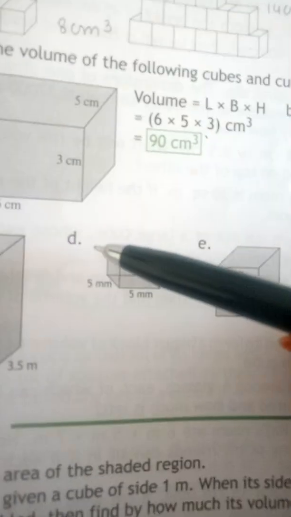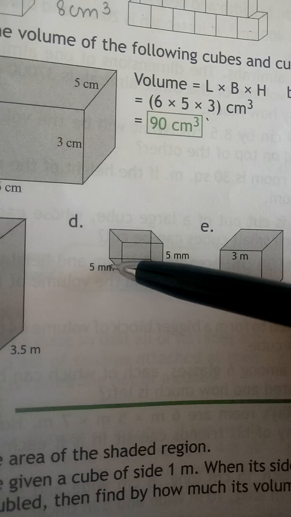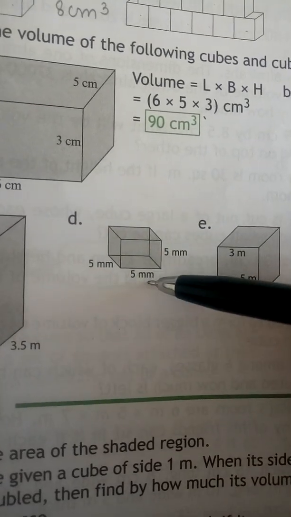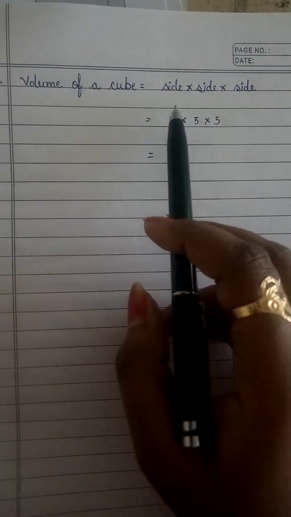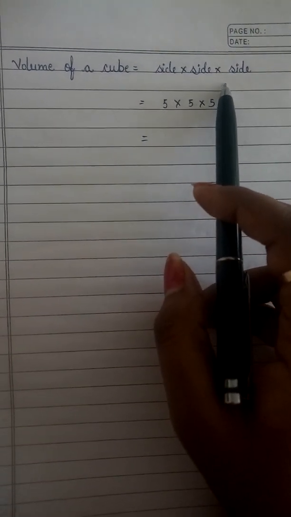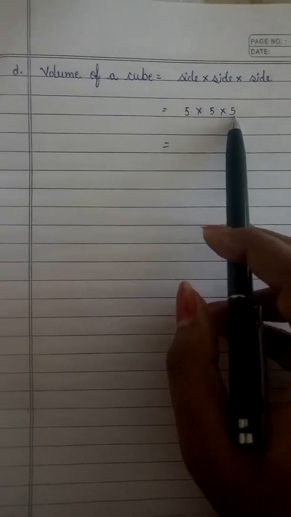Let us now solve this D part. Here you can see it's a cube because all the edges are of the same length. So let us calculate its volume. Volume of a cube is side multiplied by side multiplied by side. The value of the side is 5. So 5 multiplied by 5 multiplied by 5.